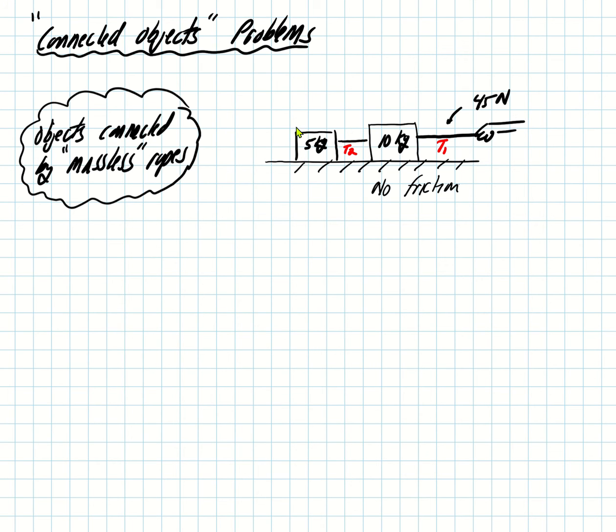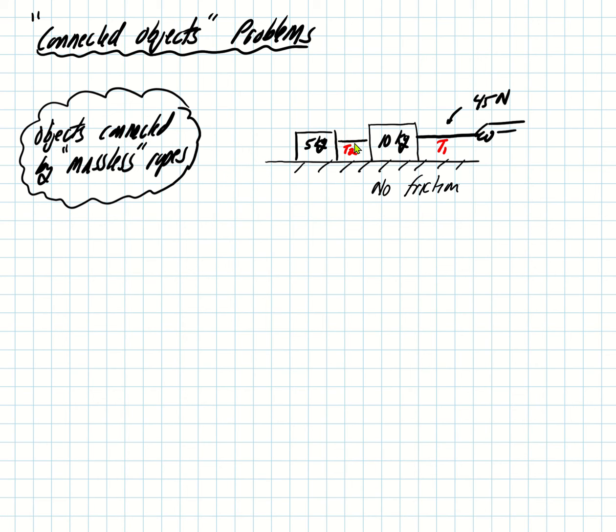So I've got two objects, a 5 kilogram object and a 10 kilogram object, and they're resting on a frictionless surface. So we're just magically wishing away friction, because we can do that. Or you could imagine that they're on rollers, but there's no meaningful friction. And you're going to be pulling these objects to the right.